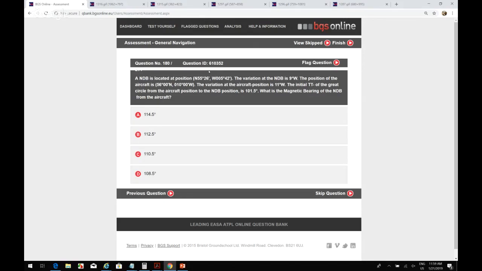Are we going to calculate variation? Let's just do one with variation as well. Anyway, convergency is 4 degrees, so 114. And we'll do the 11 degrees variation west magnetic best. 114 plus 11, 125. So I'm going to go for A.